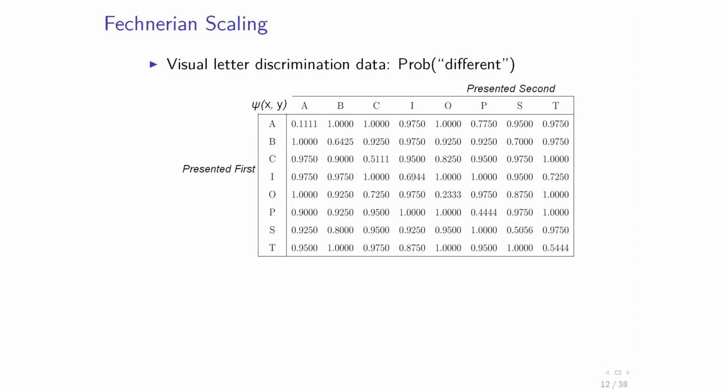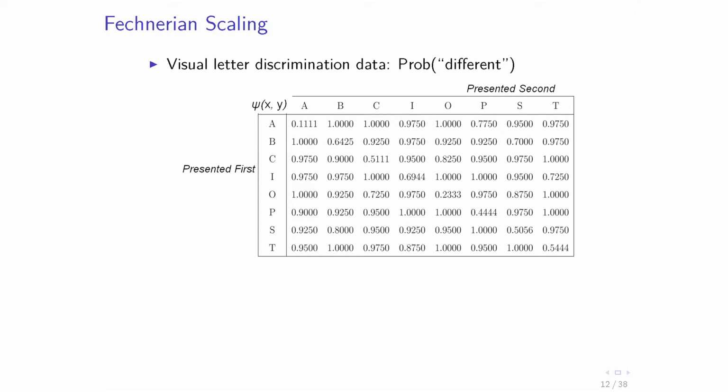Moreover, it is not symmetric, in the sense that, for example, when C was presented first and A second, the probability of saying different is 0.975, and when A was presented first and C second, it was close to 1. And so on. There are many cases of asymmetry in this matrix.